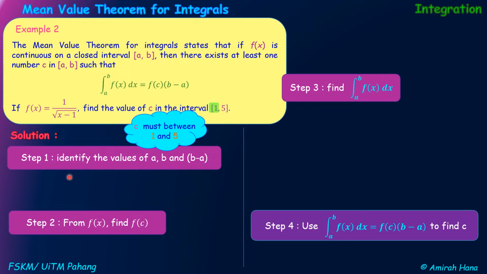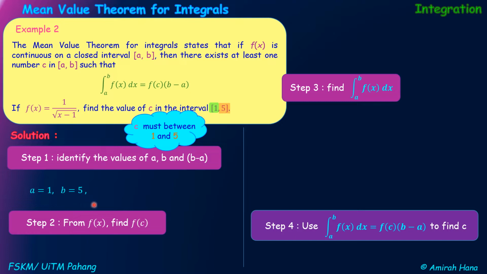Now we look at one by one. Find the values of a, b, and b minus a. The 1 here means the value of a, as we compare from the closed interval here. So a equals 1, b equals 5, so we write here.